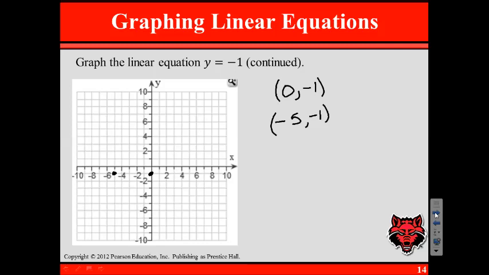Once we have 2 points, we connect those 2 points, draw arrows at each end of the line, and that is the graph or the line that represents the equation y equals -1. Make sure that you find at least 2 ordered pairs for each equation, and be careful as you graph.